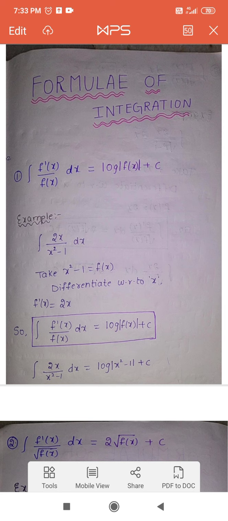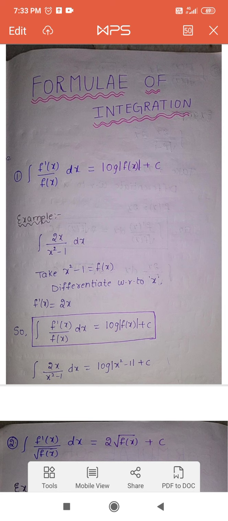So the given example is in the form integral f dash of x by f of x dx is equal to log mod f of x plus c. Integral, what is the f dash of x which we have got? 2x by f of x. What is f of x? X square minus 1 into dx.